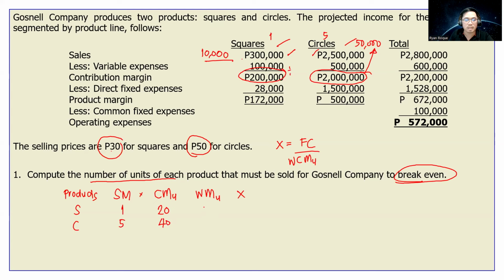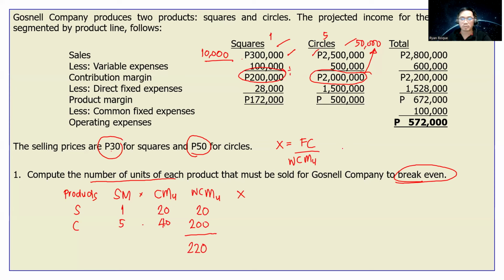So this is the weighted CMU. We just multiply the sales mix by the CMU. So we have 20 for squares, and for circles, we have 5 times 40, which is 200. So the total weighted CMU is 220.